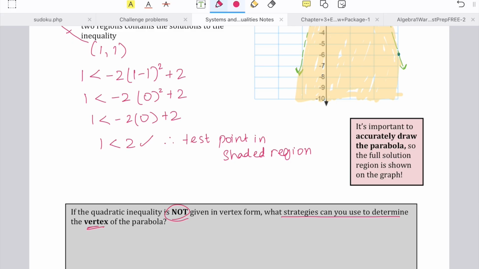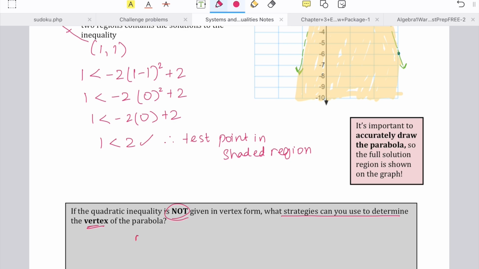Good. And what is that process called? Completing the square. So you can do completing the square, or you can use your graphing calculator.